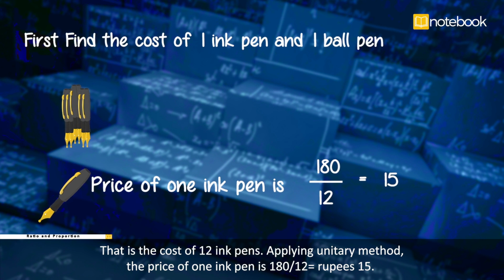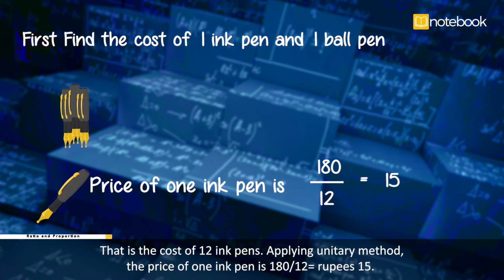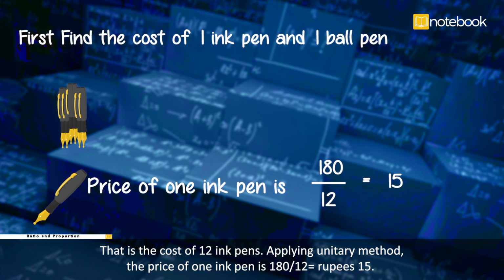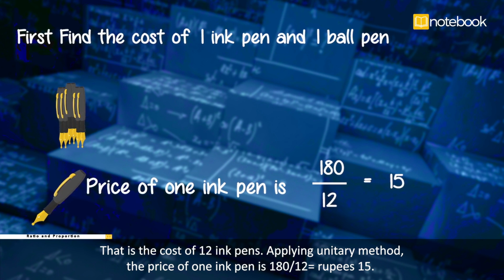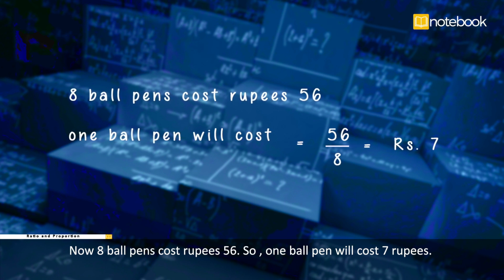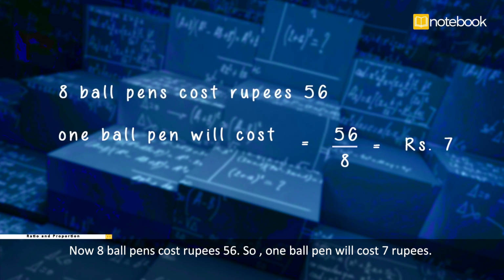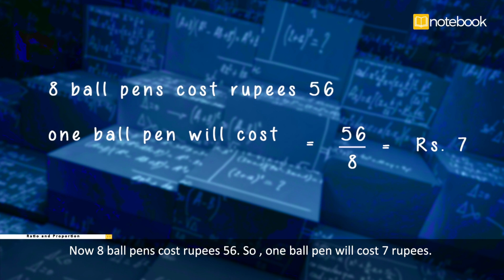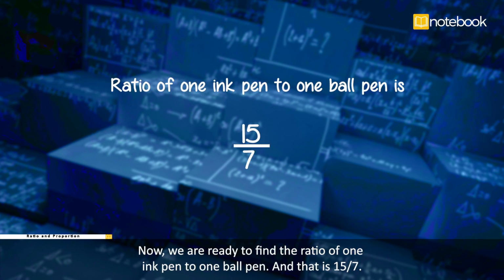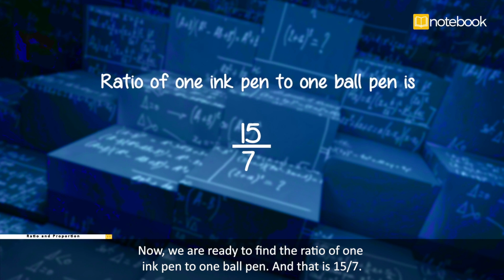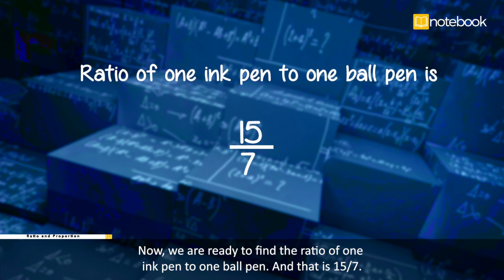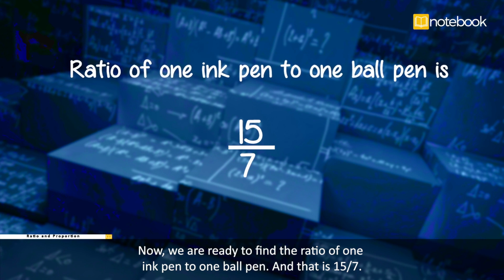Applying the unitary method, the price of one ink pen is 180 by 12, which is equal to rupees 15. Now, 8 ball pens cost rupees 56. So, one ball pen would cost 7 rupees. Now, we are ready to find the ratio of one ink pen to one ball pen, and that is 15 by 7.